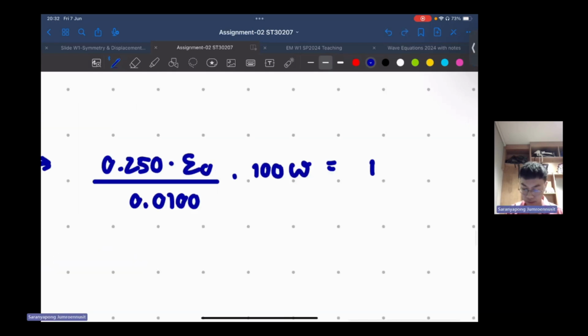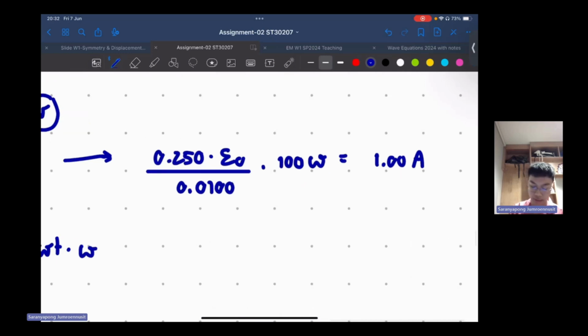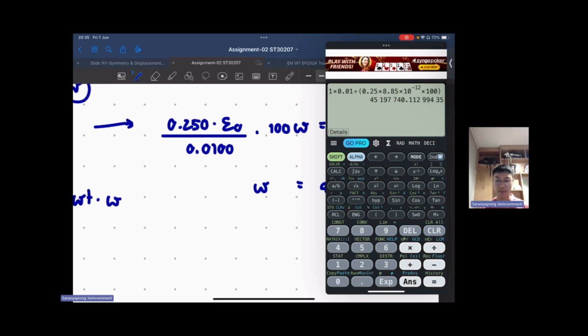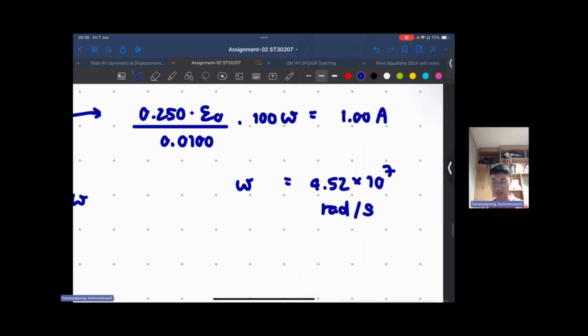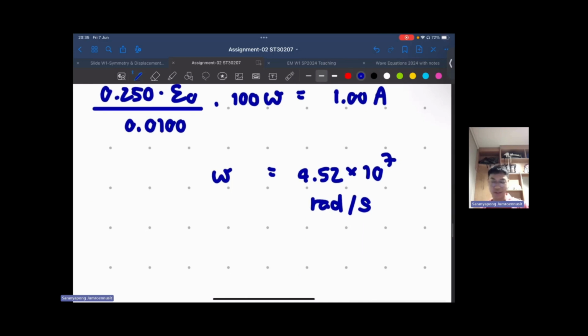We can plug it in, and what's left is solving the equation for omega. Okay, so I'm back from calculation with the calculator, and we know that the omega value or angular velocity is 4.52 times 10 to the power of 7 radian per second.